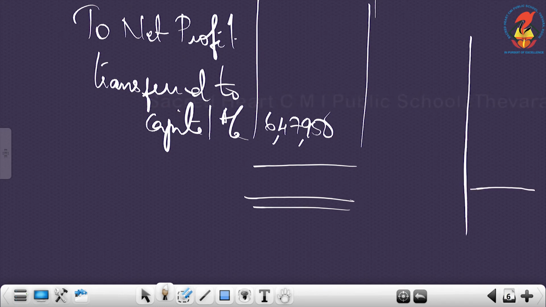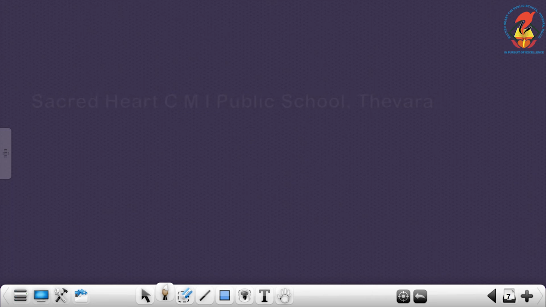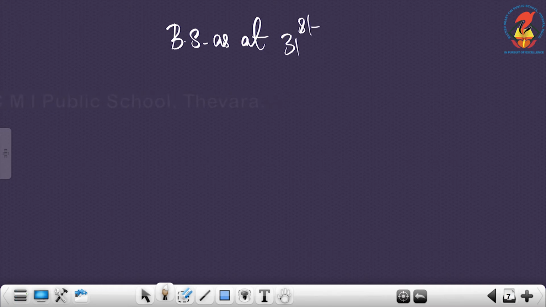Write the totals and then you can close your P&L. Next we will start the balance sheet. Totals you have to write. Then balance sheet we will do now.